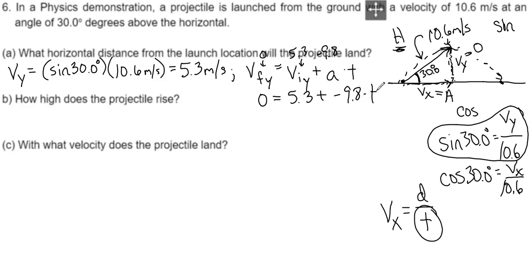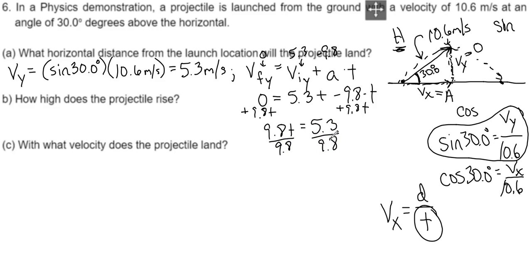I'll go ahead and move that over to the other side, so I'll add 9.8 t to both sides. So I get 9.8 t is equal to 5.3. Then I just need to divide both sides by 9.8.